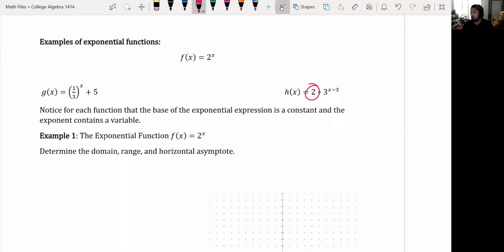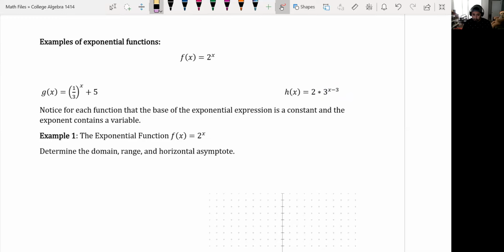This 2 in front would be a vertical stretch by 2 units. This x minus 3 would be a horizontal shift to the right 3 units. So you see how you can apply transformations to exponential functions. You can apply transformations to any graph of any function.